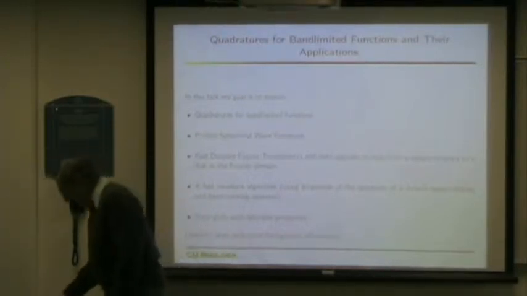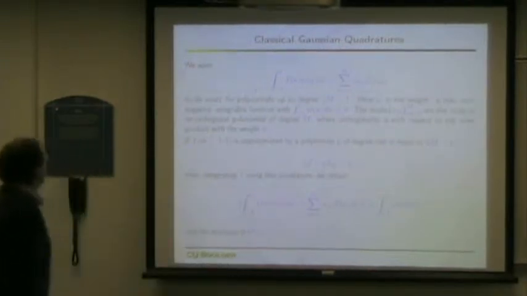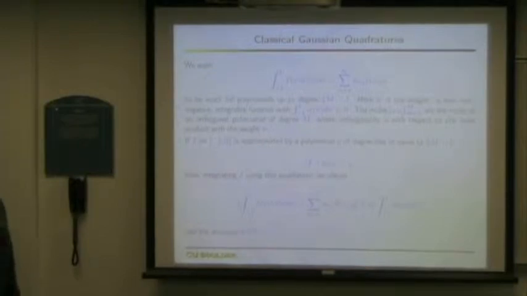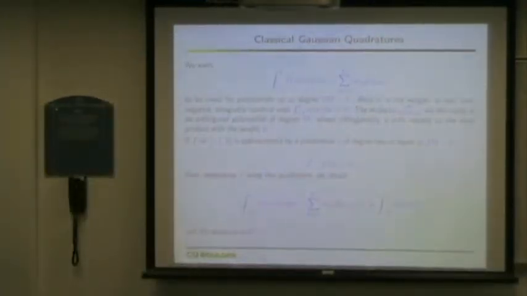Okay, so let's start. How many of you know Gaussian quadratures, standard Gaussian quadratures? Okay, so I have my first problem. If you want to compute an integral, you want to represent it by a discrete sum, which is on the top here.